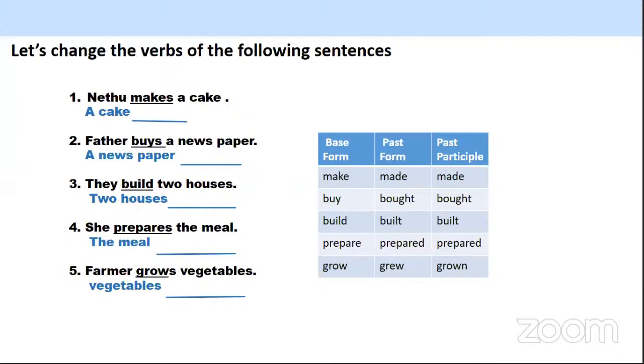Try to identify the verb and the tense. Then you have to change the verb according to the new subject. You have to construct the passive verb.